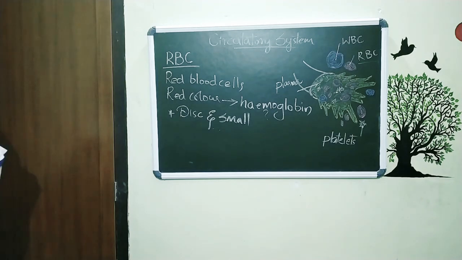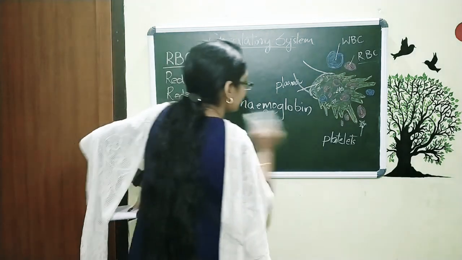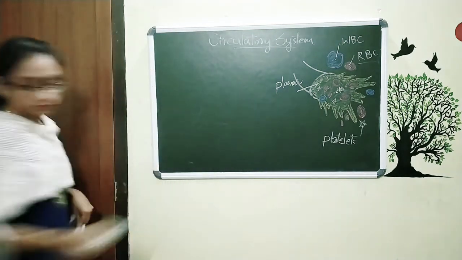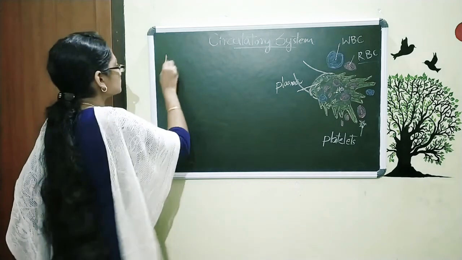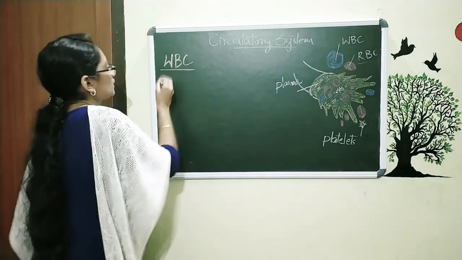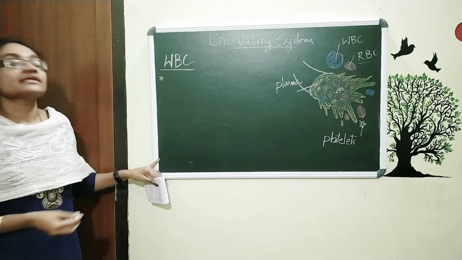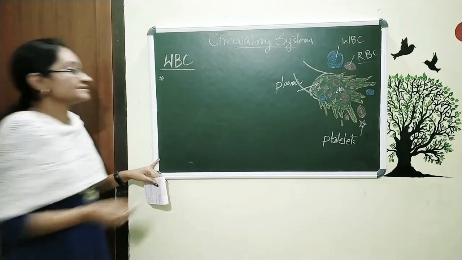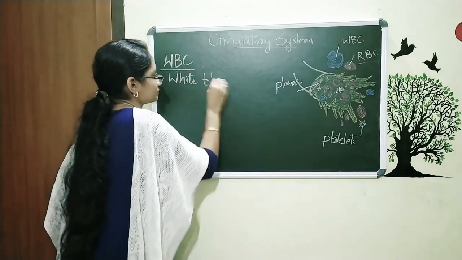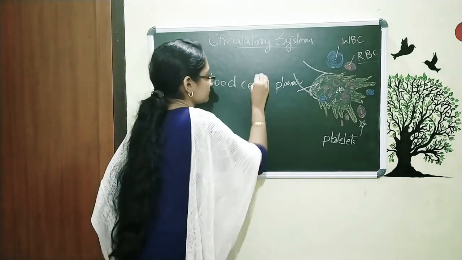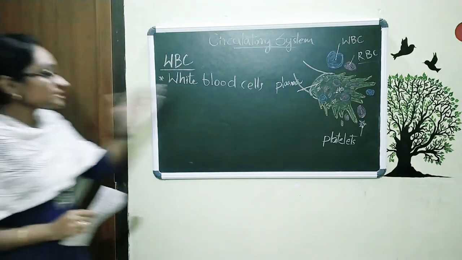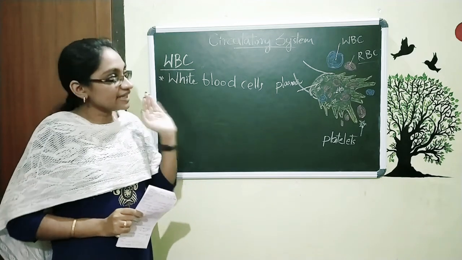Now we can talk about WBC. So what is this WBC? WBC is the white blood cells, and this is not red in color.